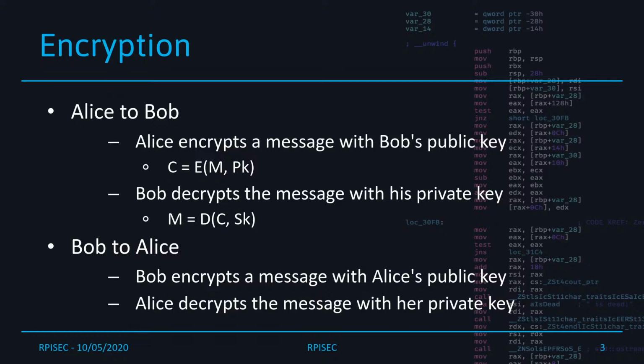And once Bob receives that ciphertext, he will decrypt it using his private key. Now only Bob knows his private key, but he can give out his public key to anyone he likes so that anyone can send a message to him that only he can read. So if Bob wants to respond back to Alice, then he has to use her public key to encrypt a new message, and Alice will then decrypt that message with her private key.